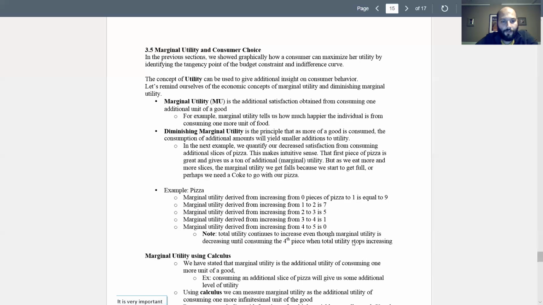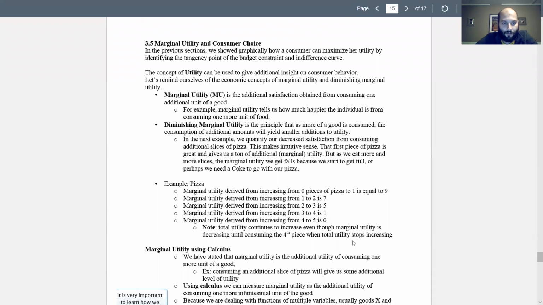So we know how to find the slope of our budget constraint. It is just negative Px over Py, and we showed why that's the case. So now what remains is to find mathematically the marginal rate of substitution, MUx over MUy.